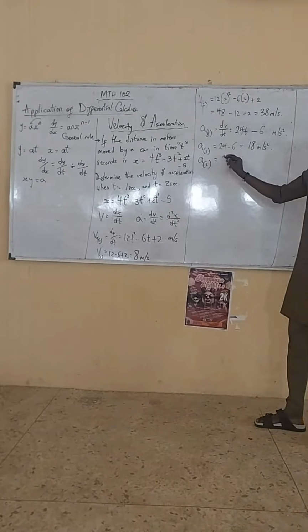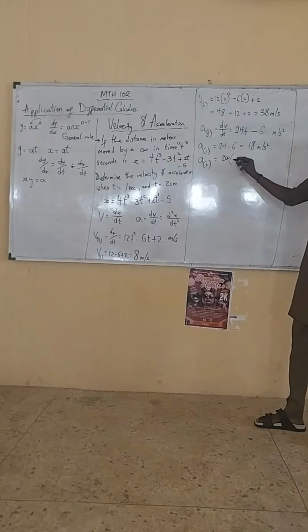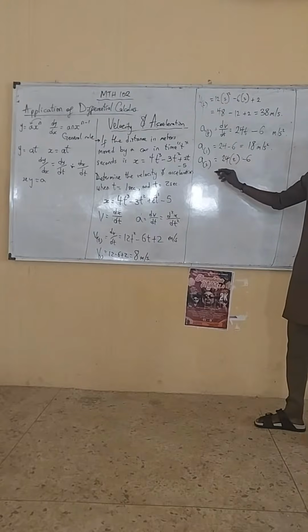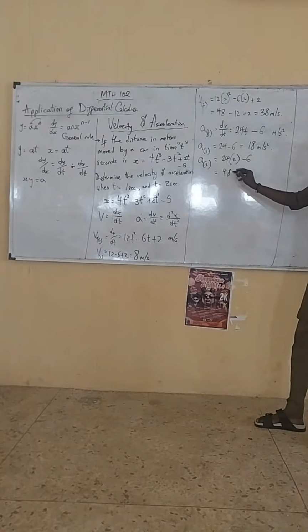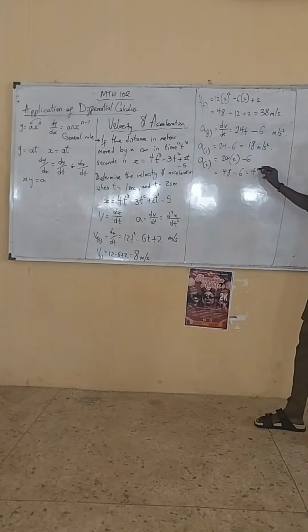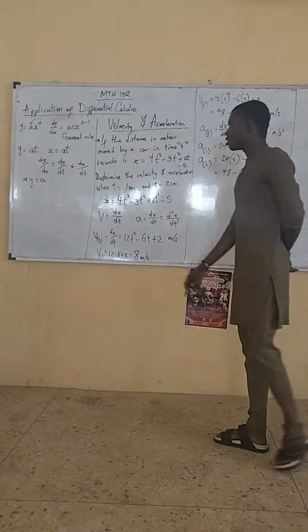That would be 24 times 2 minus 6. 24 times 2 is 48, minus 6, that's 42 meters per second squared. So this is the answer to this question.